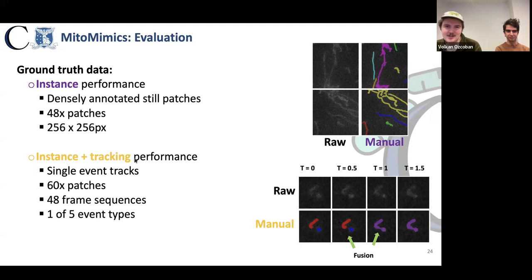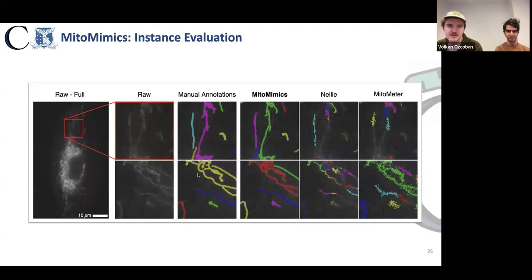This was done in Napari with some added hotkeys to quickly swap between frames to better visualize changes between frames. As far as performance goes, the improvement over the baseline methods is massive. MitoMimics isn't prone to the same oversplitting of single instances like Nelly is, or the inability to create accurate morphological shapes like Automata.